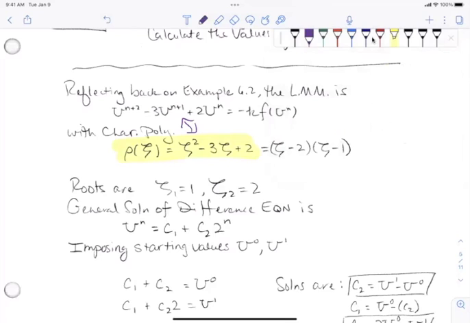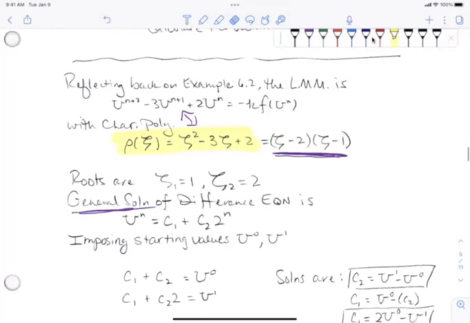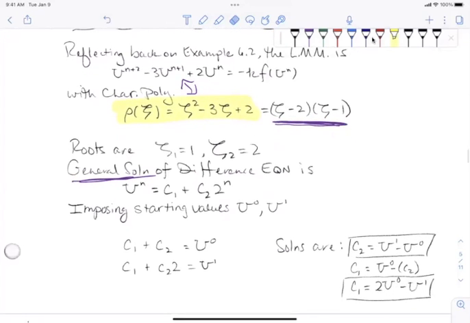And now, all right, I do a little high school algebra and I factor and I see what my roots are. Based on these roots, my general solution to my difference equation looks like this. Once I have that general solution, I have two starting values, which for now I assume are called U0 and U1.